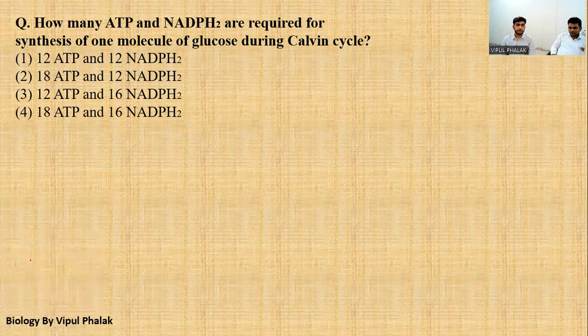Our first question is how many ATP and NADPH2 are required for synthesis of one molecule of glucose during the Calvin cycle? We know that for one Calvin cycle, 3 ATPs and 2 NADPH2s are used.